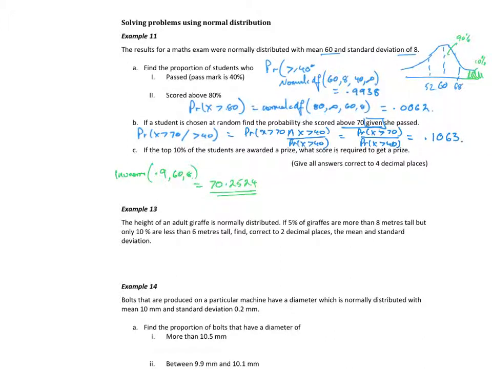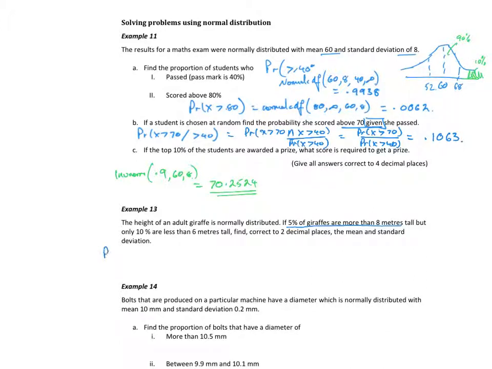All right, 13. The height of an adult giraffe is normally distributed. 5% of giraffes are more than 8 meters tall, but only 10% are less than 6 meters tall. Find the mean and standard deviation. Okay, so we've got 2 bits of information here, isn't it? The value of 8. Okay, so what does that mean?